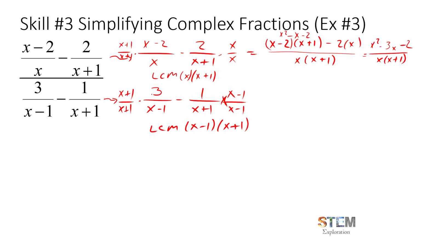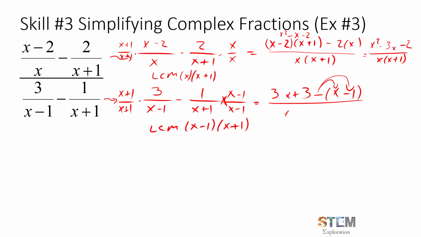And now we'll get 3 times this x plus 1. This will get us 3x plus 3. And then we'll get 1 times x minus 1, which should get us minus x minus 1, because it's just times 1. Make sure you put that minus sign in the right place so that you can distribute accordingly.